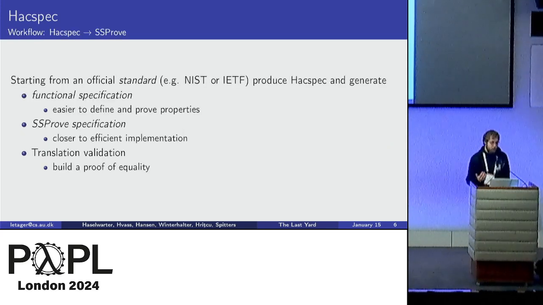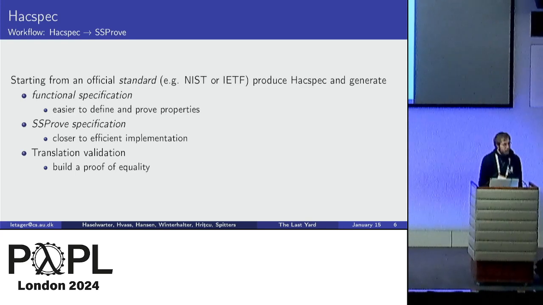For what we're actually using Hacspec for in our work, we take the standards that we then produce Hacspec code for, and then we generate the following artifacts. We generate a functional specification, where it's easier to define and prove properties about the specification. We translate to an imperative SSProve specification, which is closer to efficient implementations, which makes it easier to show equality to our implementations.